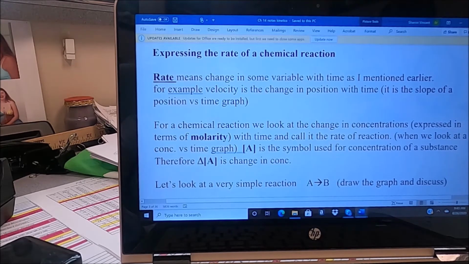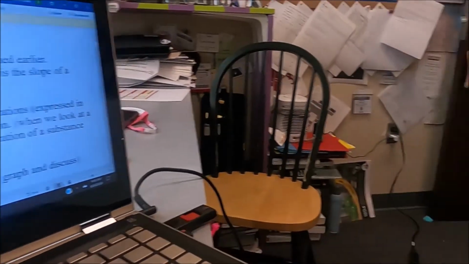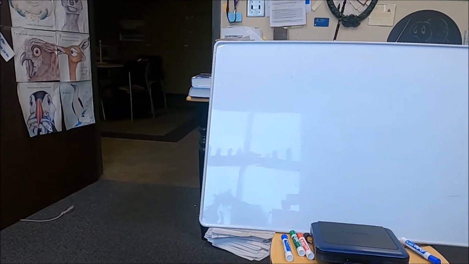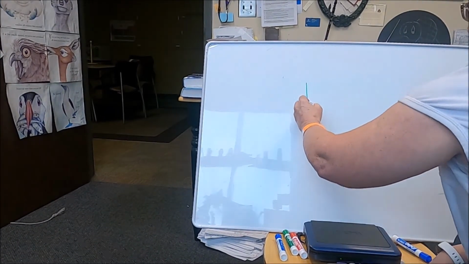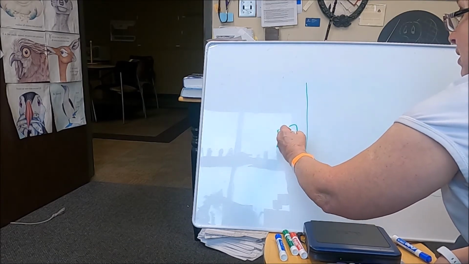Now, let's talk about expressing a rate of reaction. Rate means change in something with time. So, for a chemical reaction, we're going to look at change in concentration over time. If we started looking at a graph, kind of like the one I was looking at earlier, on our y-axis, we'd have concentration.